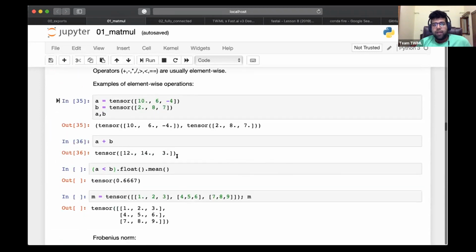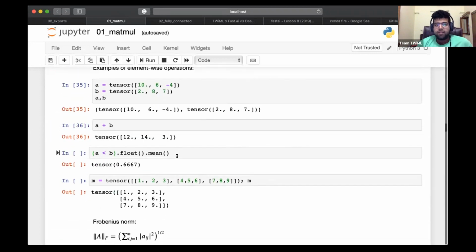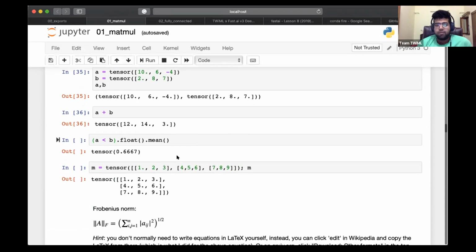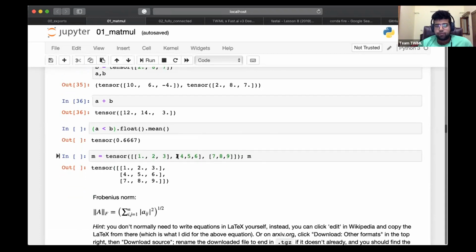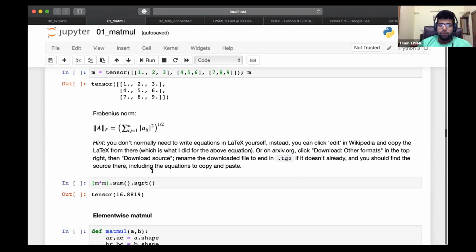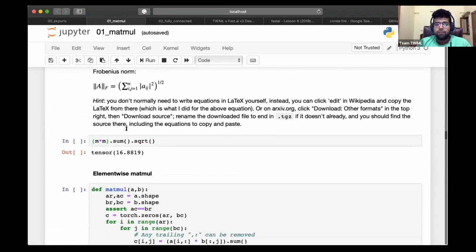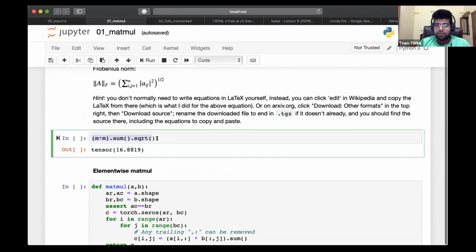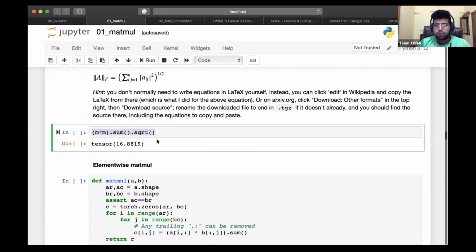Followed by which we are introduced to element-wise operations, which will help us speed up a bit furthermore. Now, if you remember, we had 3 loops above. So Jeremy introduces Frobenius norm, which is represented as follows in programming language.